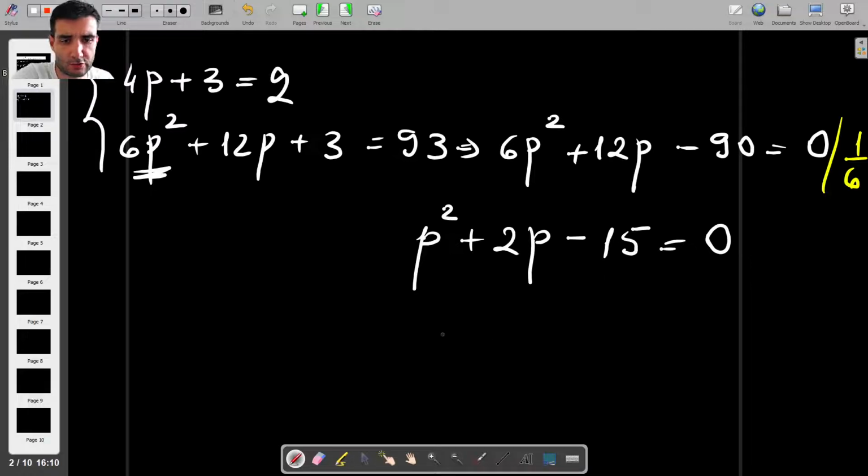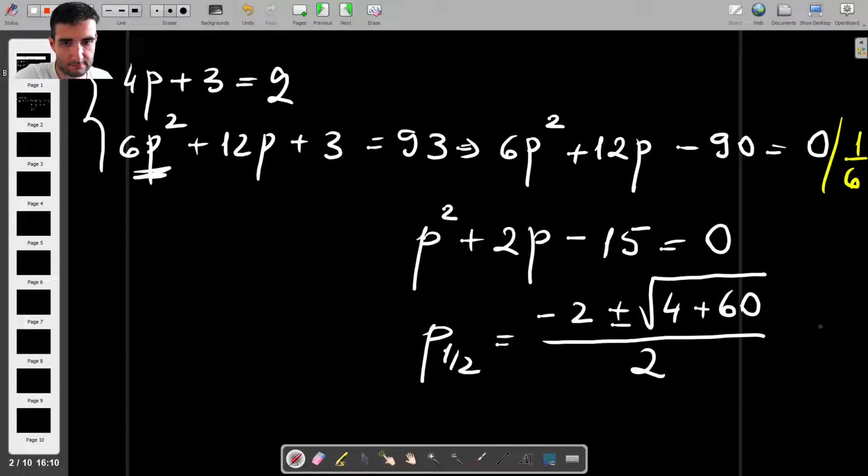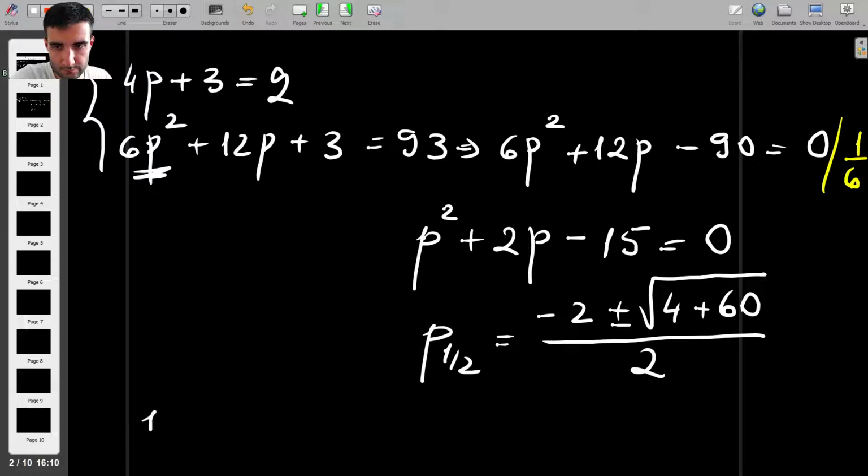This is just a quadratic, which has the solutions p 1,2 equals minus 2 plus or minus the square root of the discriminant, over 2. The discriminant is 4 plus 60, which is 64.